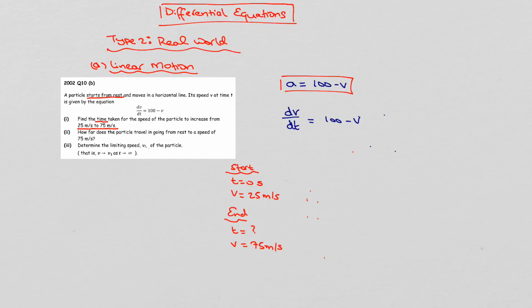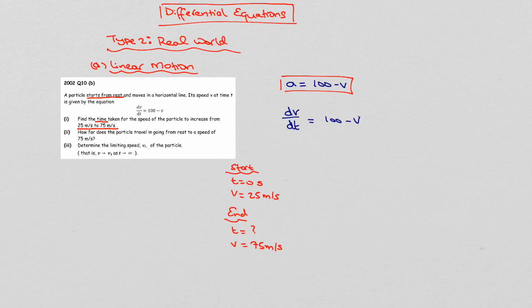So our start time isn't from rest, it's the time taken to increase from 25 meters per second to 75 meters per second. So in other words, the initial time at 25 meters per second is our starting point, in other words, 0.